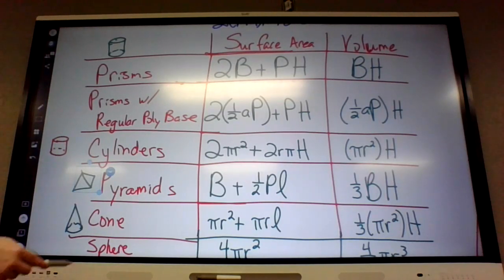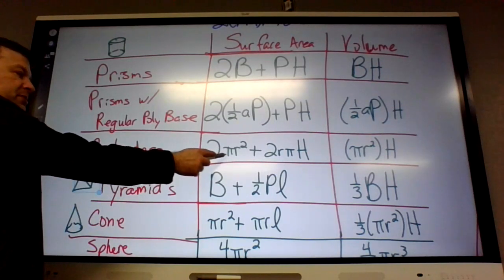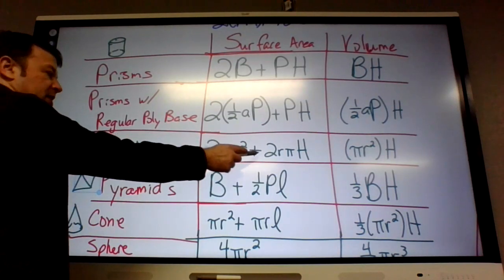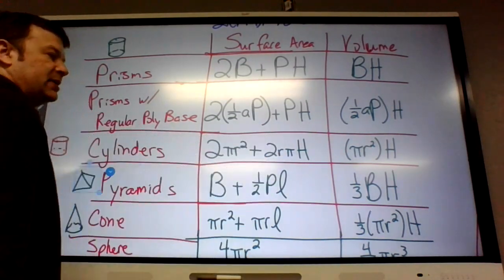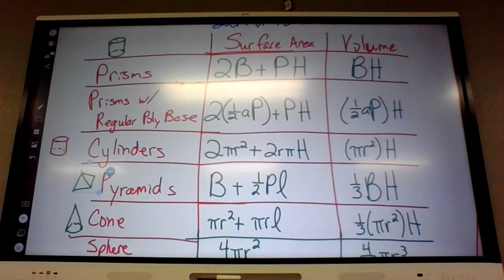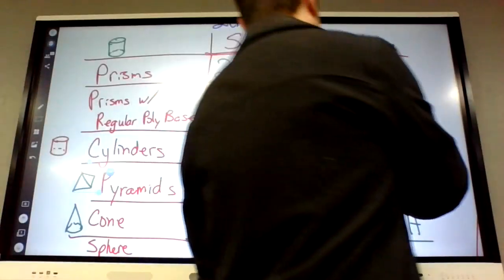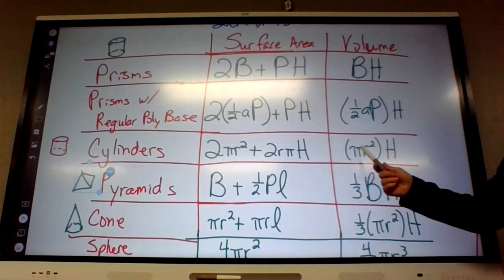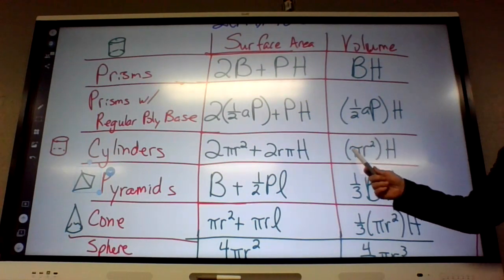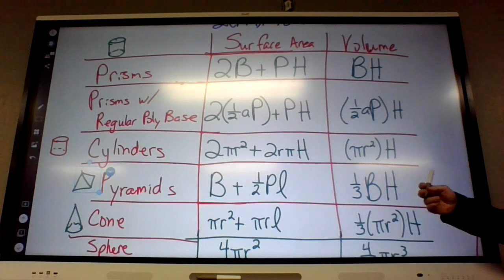So for the surface area, you do two circle areas, 2 pi r squared, plus, instead of the perimeter times the height, it's circumference times the height of the cylinder. So that's how that changed. Instead of base times height for the volume, it's area of the base, area of the circle, pi r squared, times height.